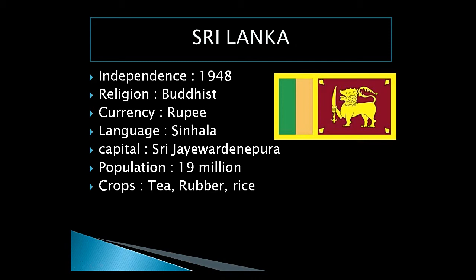The currency of Sri Lanka is Sinhala. The capital city of Sri Lanka is Sri Jayawardenepura. The population of Sri Lanka is around 19 million. Famous crops of Sri Lanka are tea, rubber, and rice.